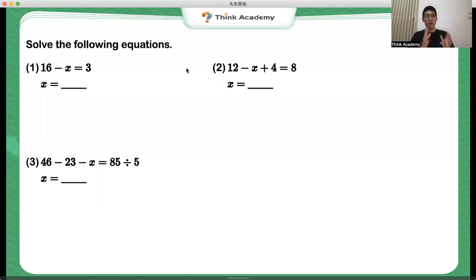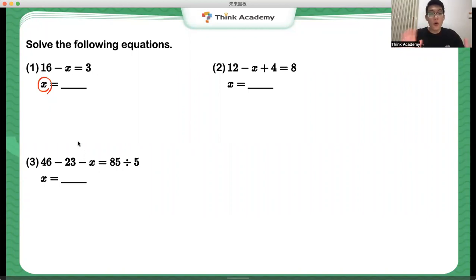So for the first equation, we can see that there's this letter X right there. So it means that's something we don't know. It means an unknown. And if we want to find this unknown, I can do it by doing different things on both sides of the equation. For example, we know that 16 minus X is 3.